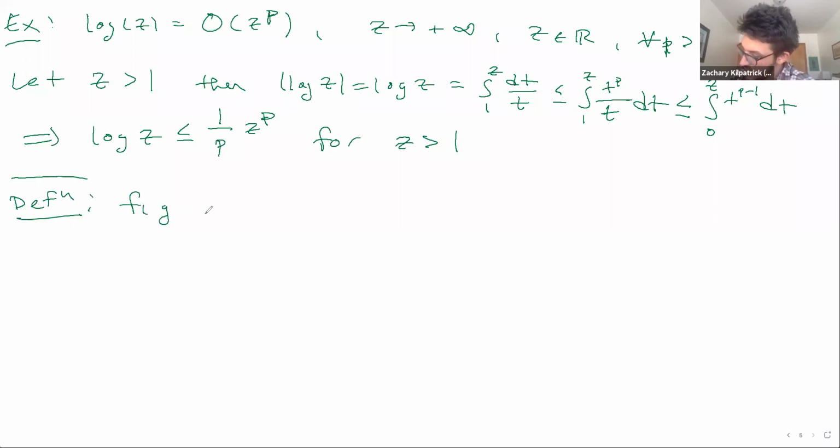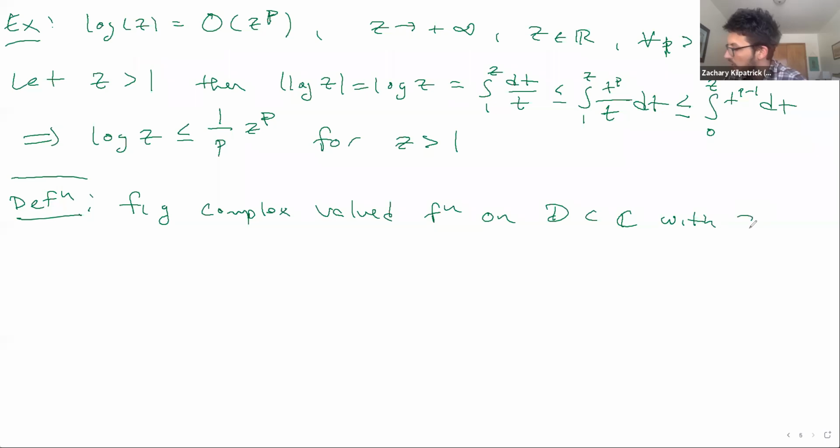If f and g are complex valued functions on D, some domain that's a subset of the complex plane, okay, and then z0 is in the closure of D, so it could be on the boundary, it could be on the interior.